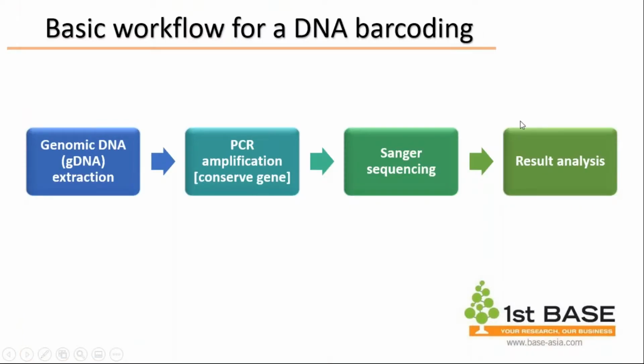So what is the workflow? DNA barcoding involves only 4 major steps. The first one is the genomic DNA extraction, or gDNA extraction. Then after you obtain your gDNA, you need to amplify the conserved gene with PCR.